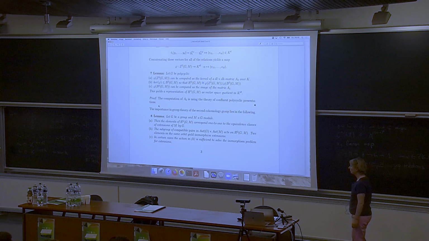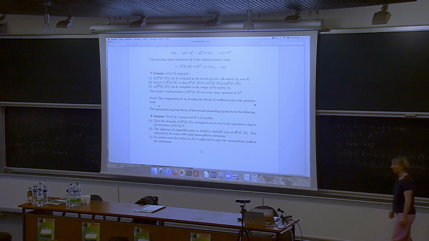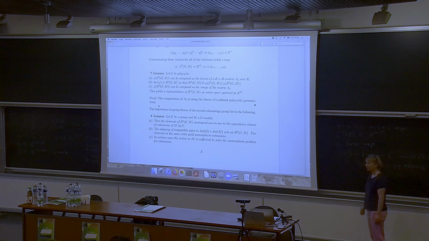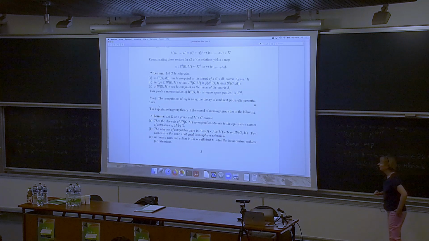This is very often used if you want to construct groups of a certain type, or if you want to classify groups. The construction of groups in the small groups library depends fairly heavily on this sort of approach. If you want to write down all groups of order, I don't know, 24 as an easy example, you run over all numbers that divide 24 and need to have the groups of those orders, and then you start this extension business in a well-described form and list extensions.